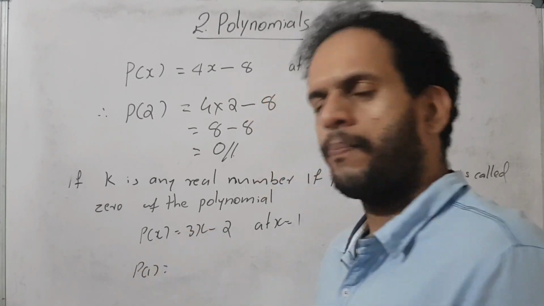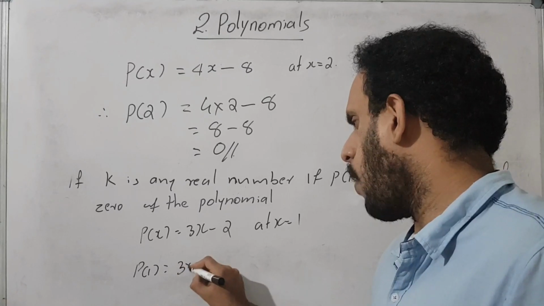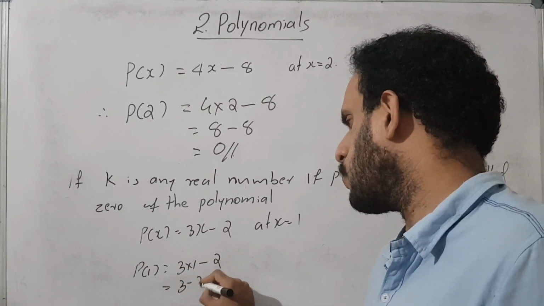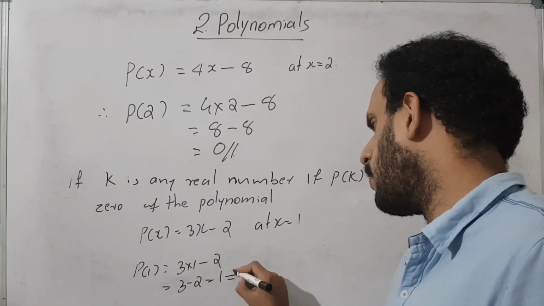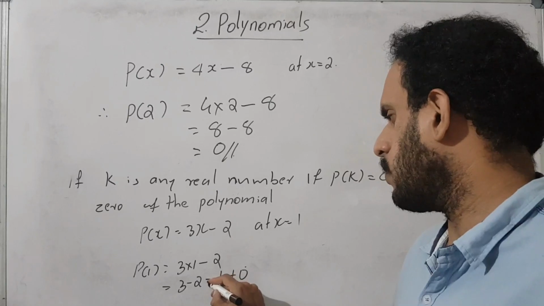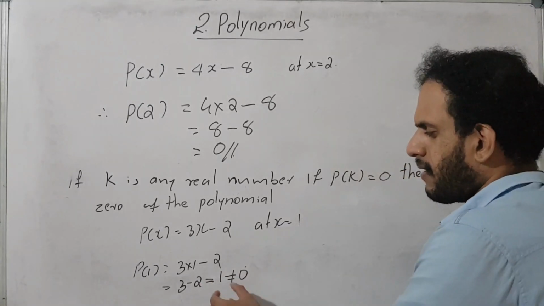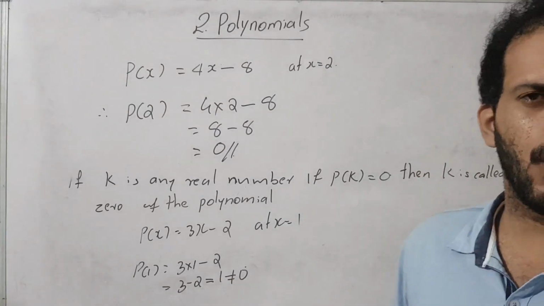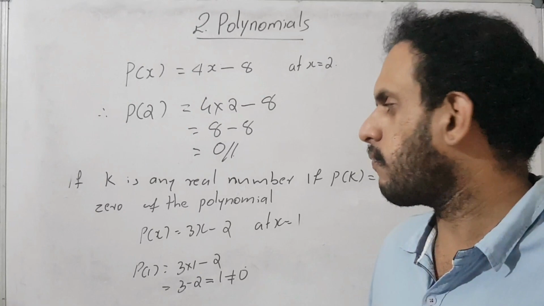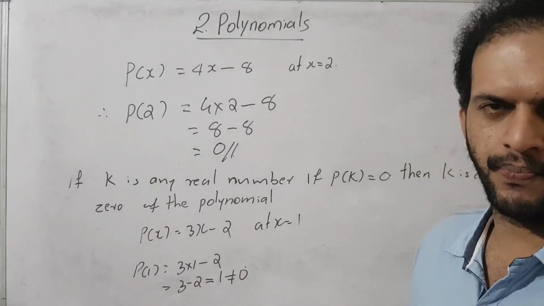Then p of 1 is equal to 3 into 1 minus 2. 3 into 1 means 3. 3 minus 2 is equal to 1, which is not equal to 0. Correct? That means we are not getting the value of the polynomial as 0. So we conclude x is equal to 1 is not a 0 of the polynomial p of x is equal to 3x minus 2.